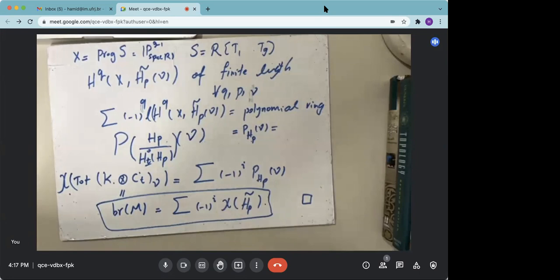I have a quick remark. At the very beginning, you mentioned the moving lemma as a main tool in order to define multiplicities, intersection multiplicities, and so on.